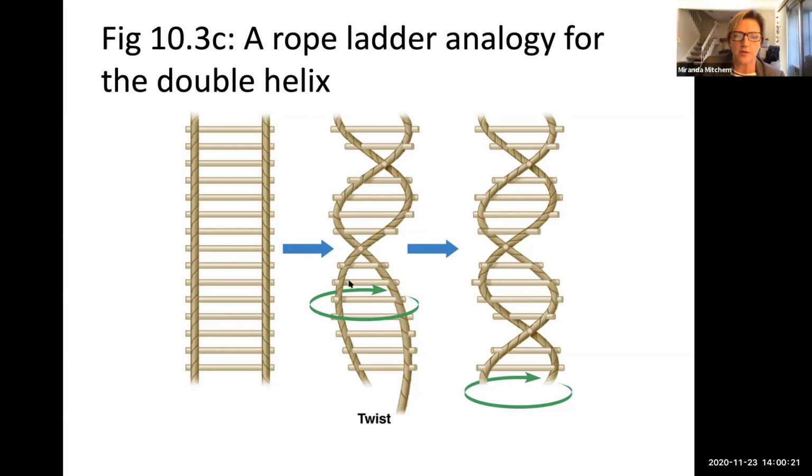Wow, something just shook my windows. Sorry about that. Then the molecule twists once and then again. So it actually creates a supercoil in the molecule, and it is the double-stranded alpha helix that is the correct structure of DNA.